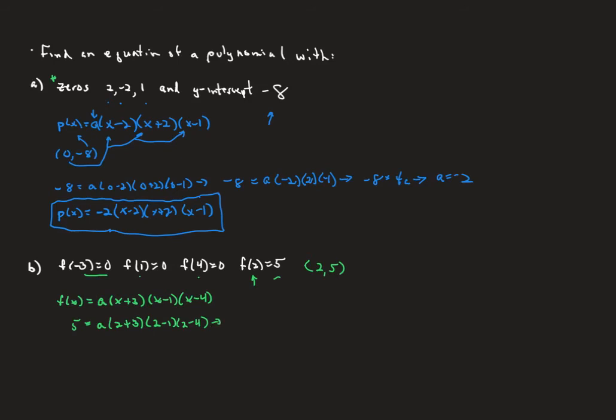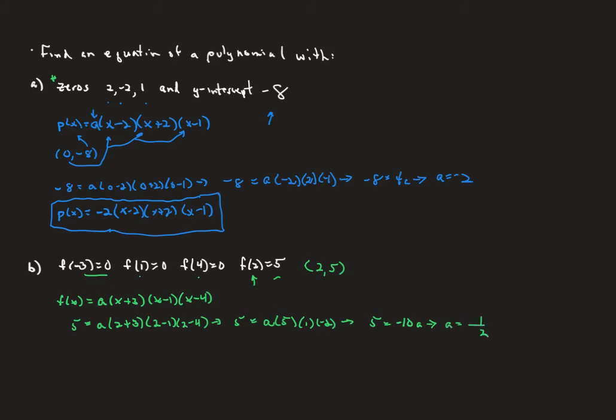So that's going to tell us that 5 is equal to a times the 2 plus 3 is 5, the 2 minus 1 is 1, the 2 minus 4 is negative 2, and so that's going to tell us that 5 is equal to 5 times 1 times negative 2 is a negative 10a, and so a is going to be a negative 1/2.